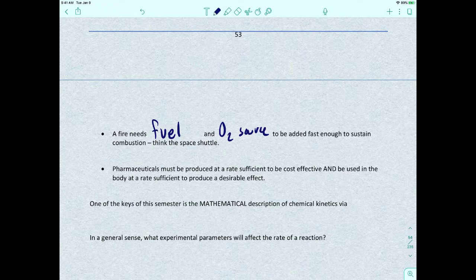Now, one of the keys of this semester is the mathematical description of chemical kinetics. That's a big portion of what we're going to be looking at in this chapter, letting the mathematics tell the story. In order to tell that story, we have to use calculus.